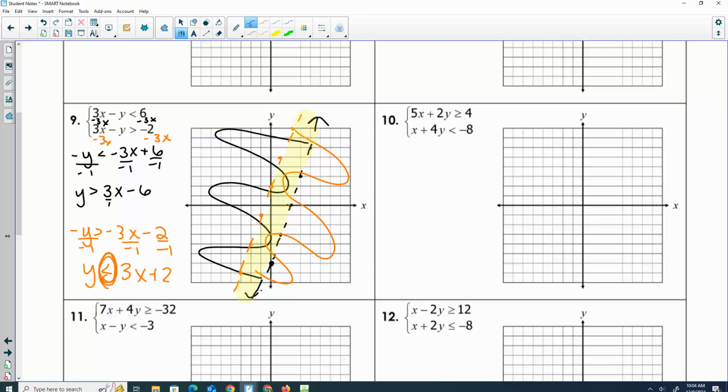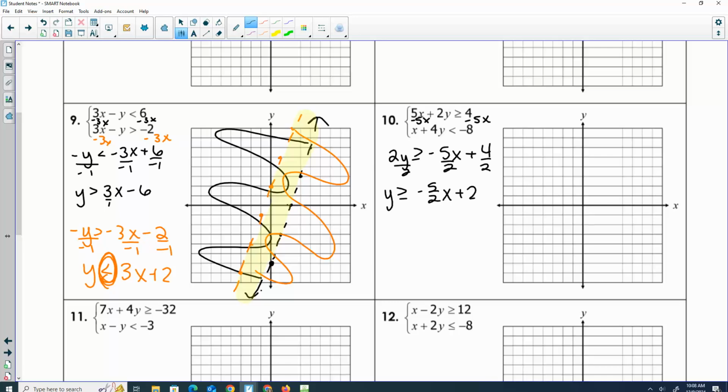You guys do number 10. If we get it, then I will stop for today. So show me that you understand. Try number 10. So, solving for y, you subtract the 5x. So 2y is greater than or equal to negative 5x plus 4. Divide by 2. Because it's a positive, my inequality does not flip.